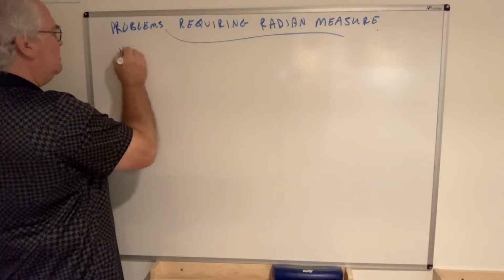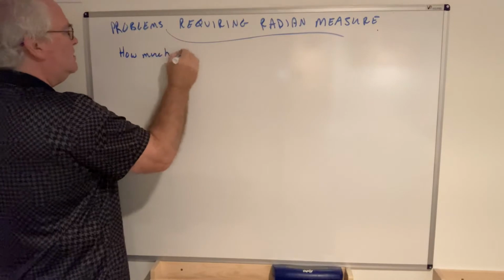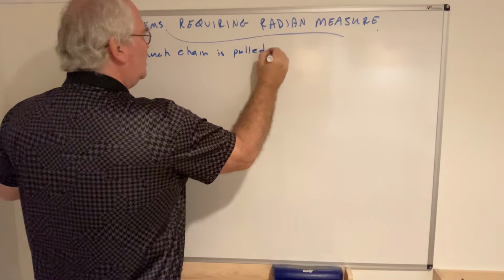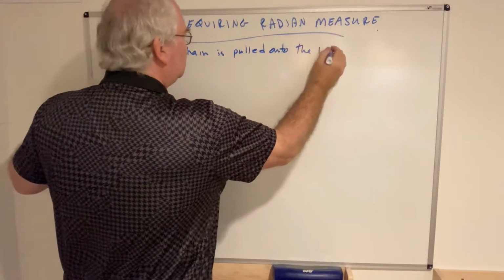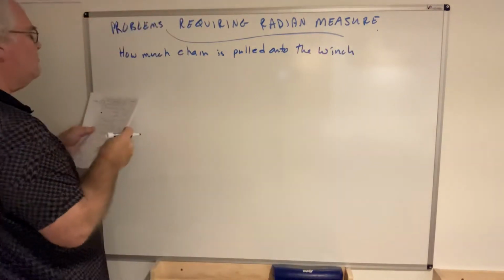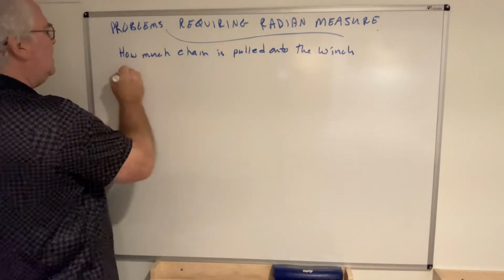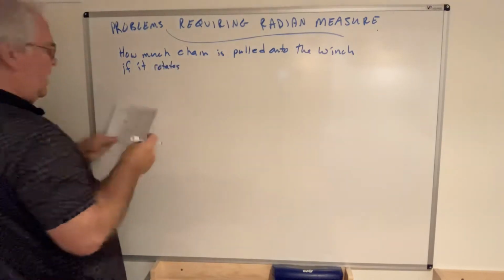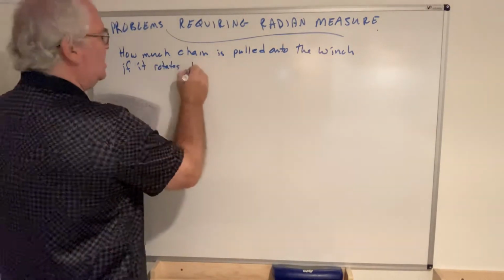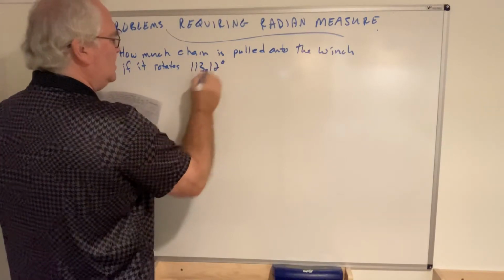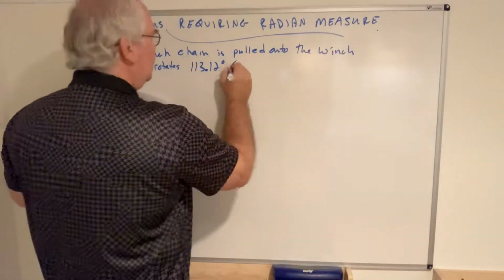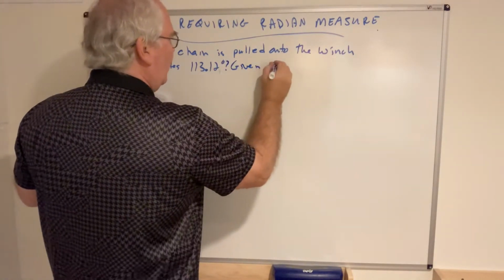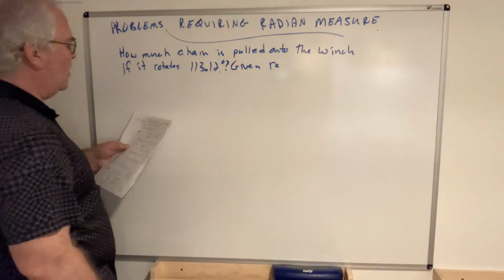So how much chain is pulled onto the winch if the winch rotates 113.12 degrees, and we're given the radius of the winch is 1.5.